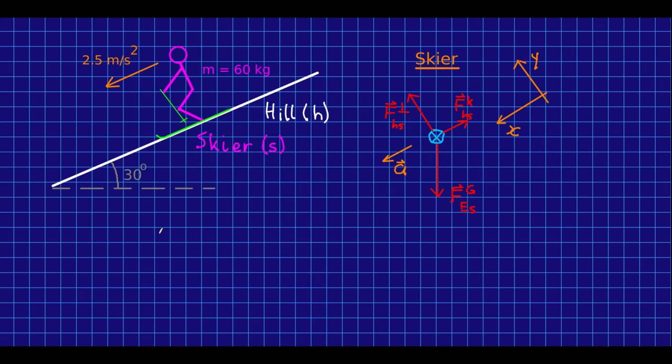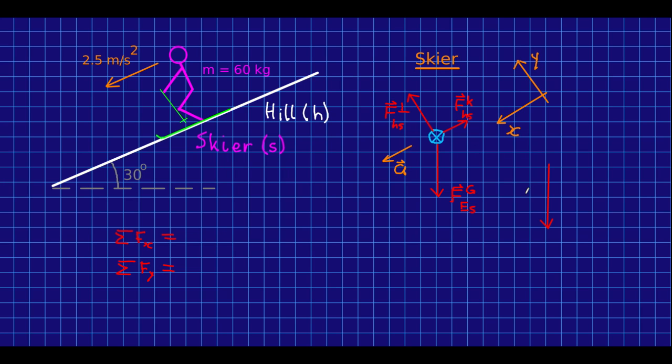The next thing to do is write the equation of motion. So I'm going to write a sum of x components of forces and a sum of y components of forces, and I'm going to set those equal to the appropriate components of ma. So, in the x direction, I have a component of the gravitational force. So let me do the work to split that gravitational force into components.